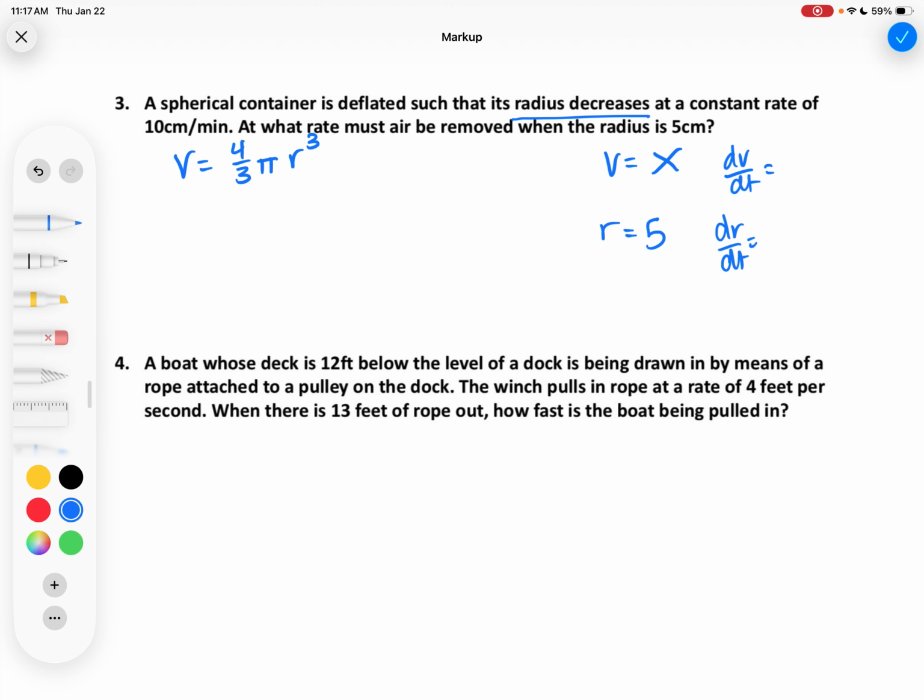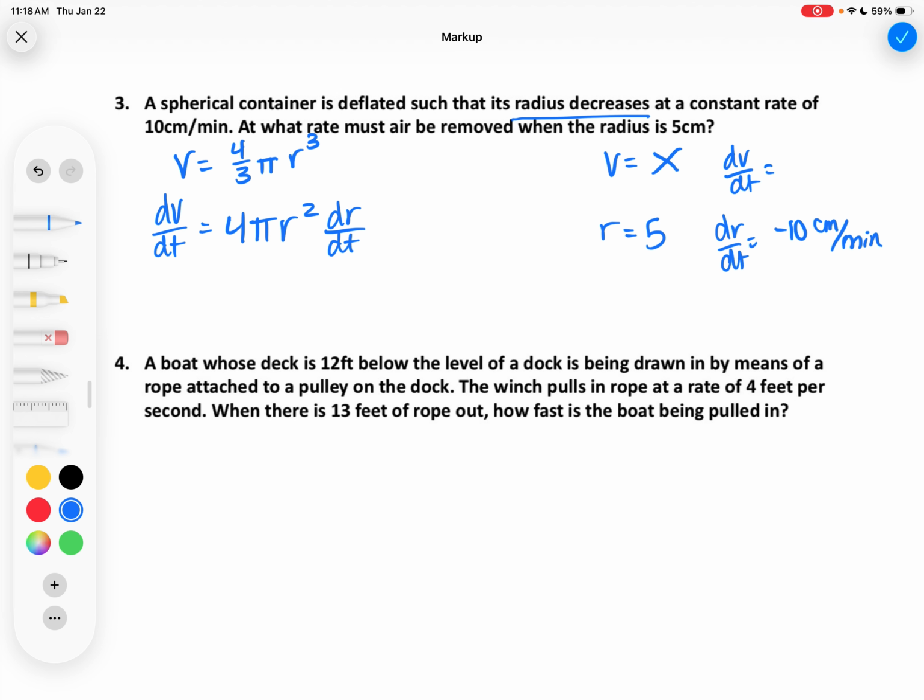Okay, back to this problem. So dr/dt is decreasing at a rate of 10 centimeters per minute, so that tells me it needs a negative on there. And then basically solving for dV/dt: the 3 and the denominator 3 cancel, so we get 4 pi r squared dr/dt.